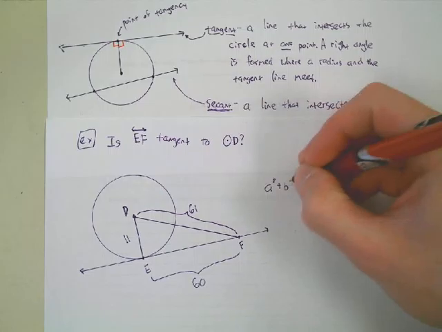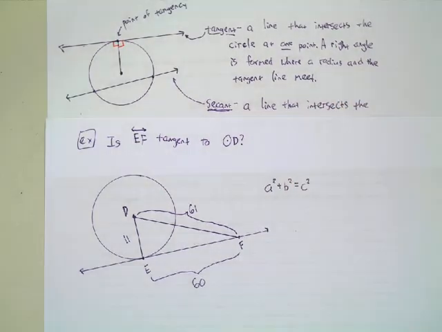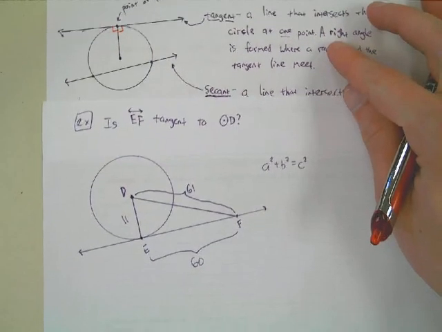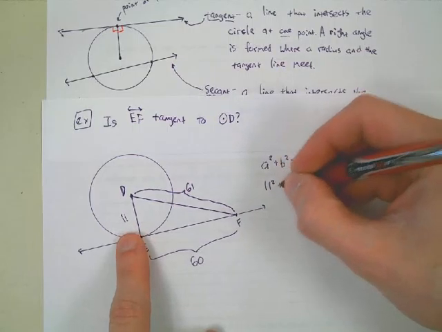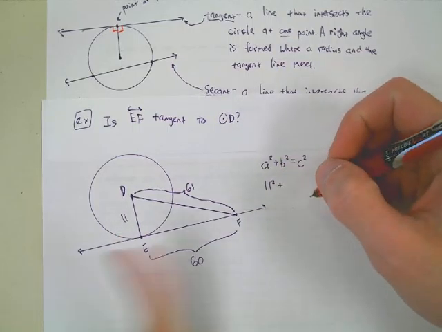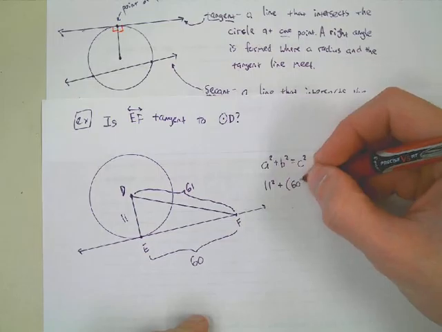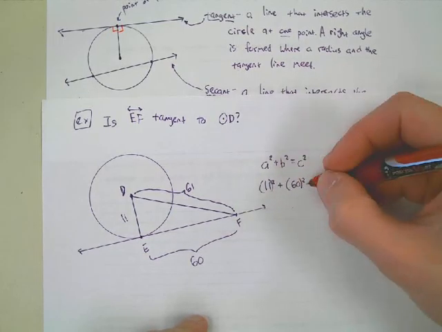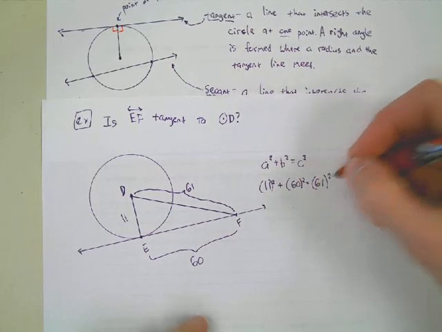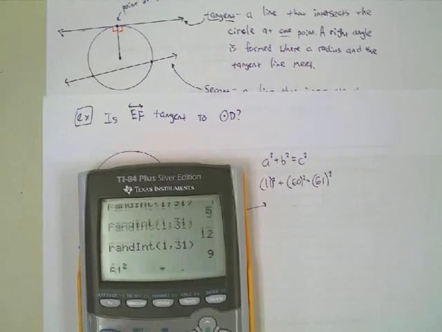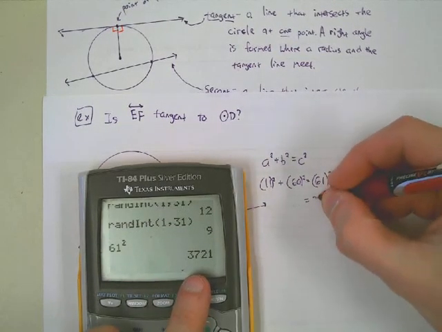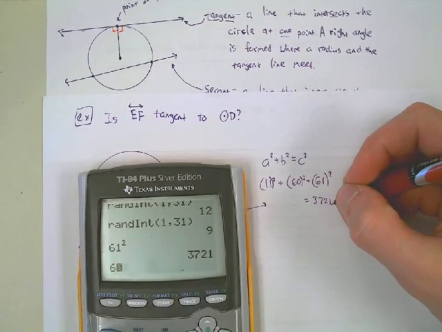So what numbers go where here? Alex, go for it. 11 could go in the A or B, very good. And then 60 will go there. And 61 will go for C. Yep. So let's check it out. We'll go to our calculator. 61 squared is 3,721. 60 squared is 3,600.